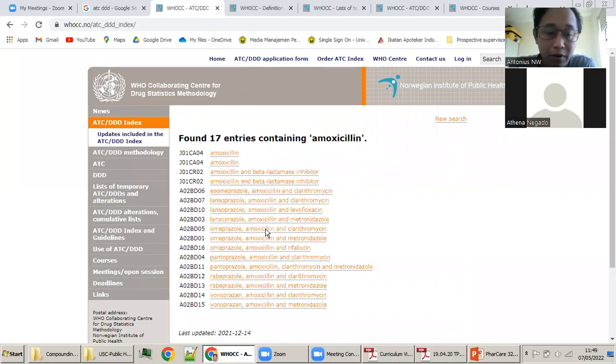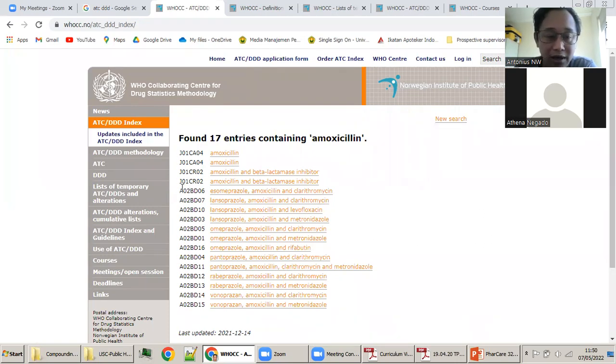For amoxicillin, we have so many codes. We have J01CA04, as well as J01CR02, as well as A02.